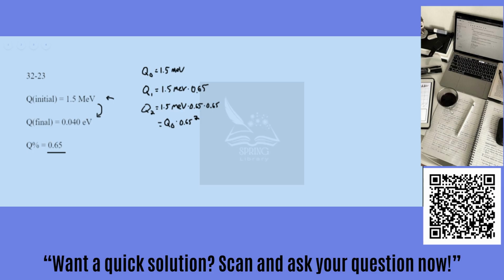So if we want to find the energy on our, let's just call it, mth collision, that can be modeled by the initial energy multiplied by 0.65 to the power of m. Or I could use n for the number of collisions.